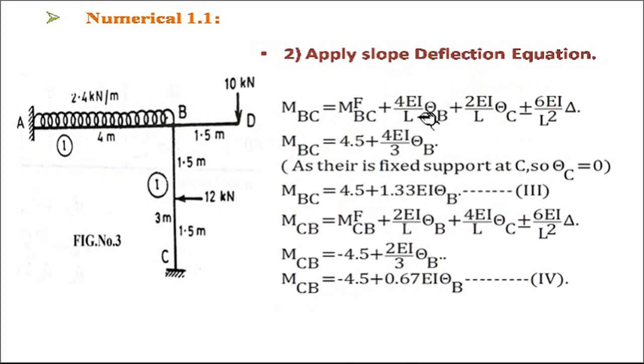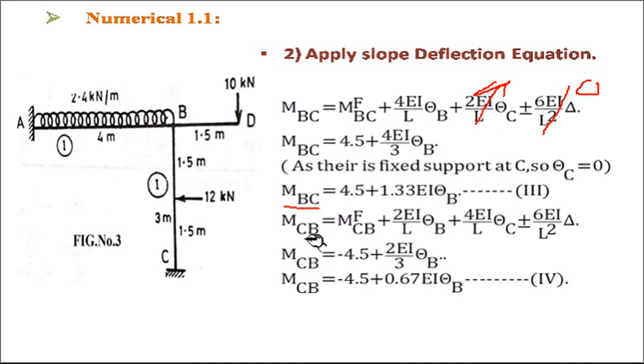Here at support C, again fixed support is there, so theta C will be equal to 0, and the sinking of support is not given, so delta is equal to 0. The fixed moment in member BC is 4.5. Put the value of L here and we'll get the equation of moment for member BC.